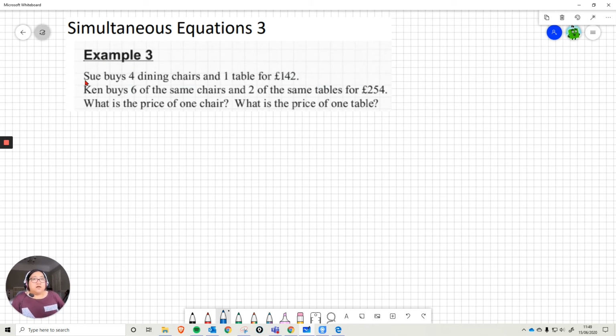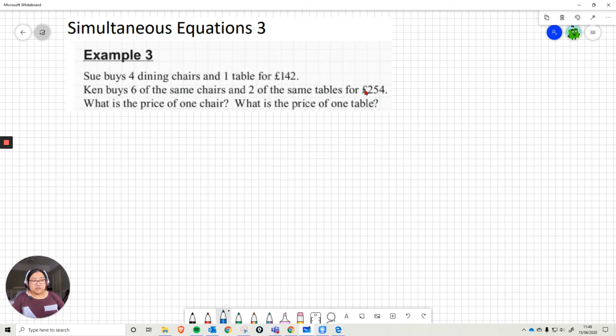In the first line, it says Sue is buying 4 dining chairs and 1 table, and in total it costs £142. That's our first set of information. The second set is then Ken buys 6 of the same chairs and 2 of the same tables for £254.